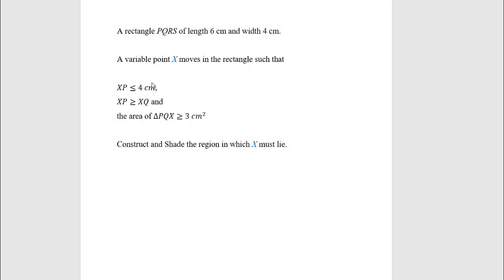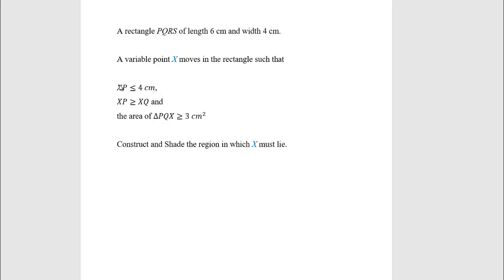Now we will combine all these three pieces of information and study them again, and see in which region the point exactly lies. So we have to construct and shade the region in which X must lie. First, let's read this again.